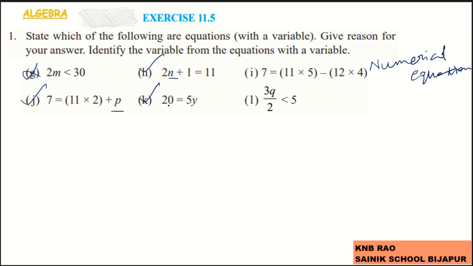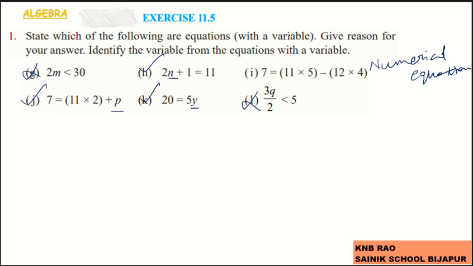K is an equation with the variable y, and L, the subquestion L, is not an equation because it is a less than symbol. That relation is there, not the equality relation.